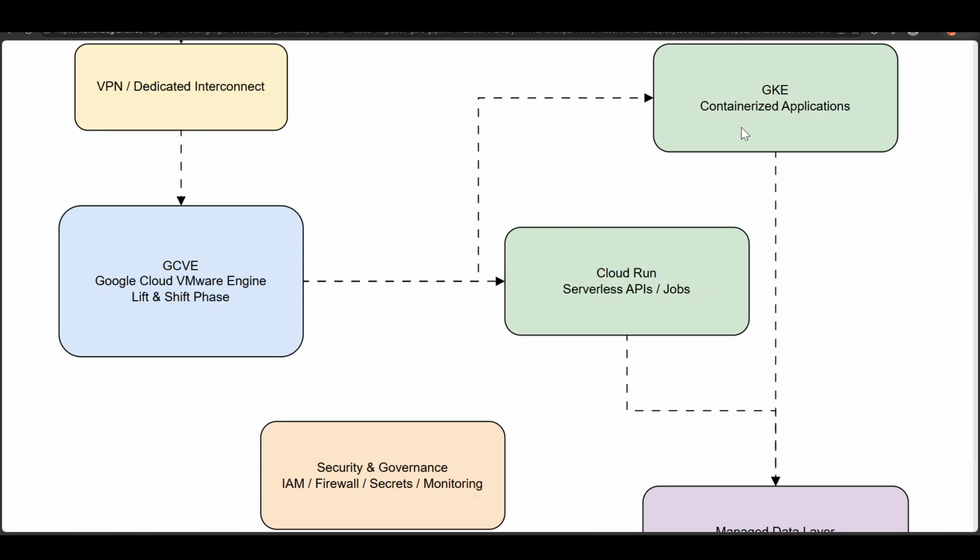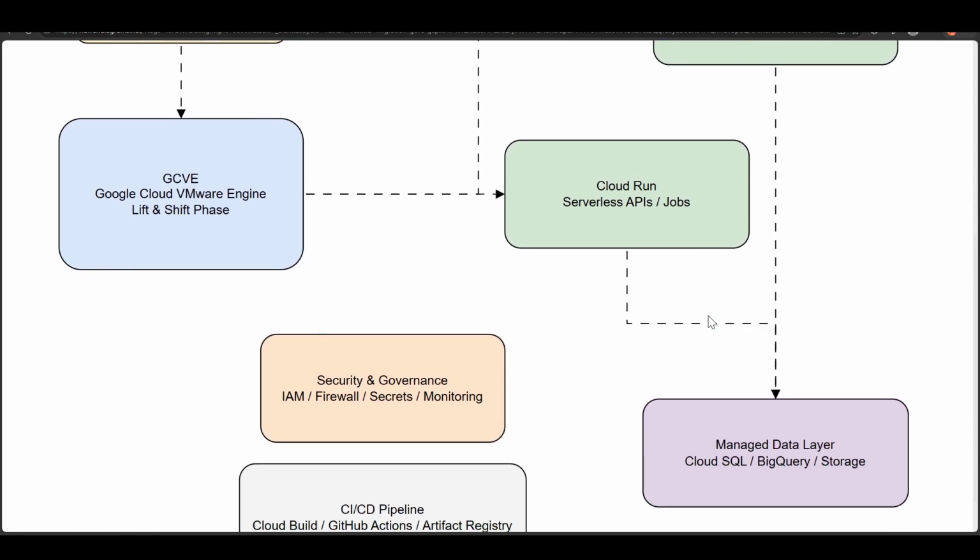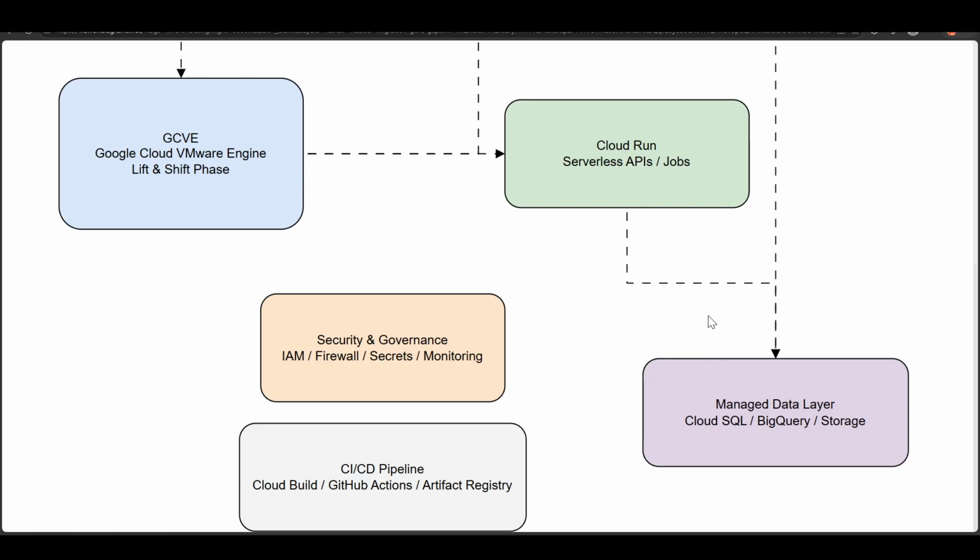packages. Now, data migration is one of the critical parts, where we use tools like Database Migration Service and Storage Transfer Service. These are some of the Google services we use. We also plan for data consistency, minimum downtime, and rollback strategies.